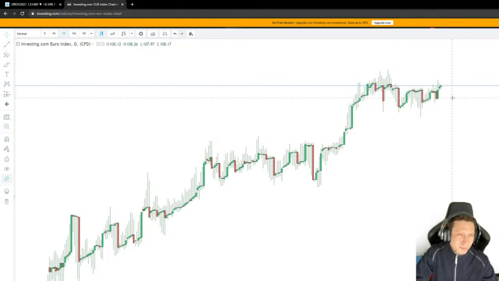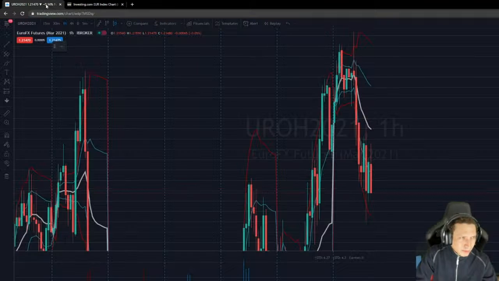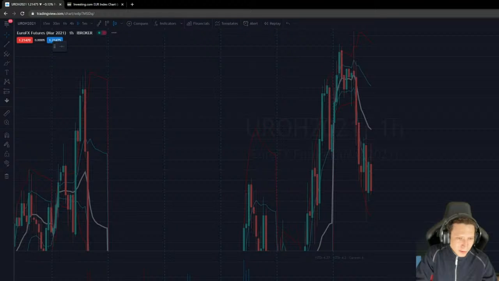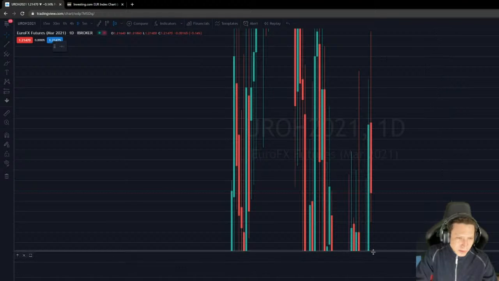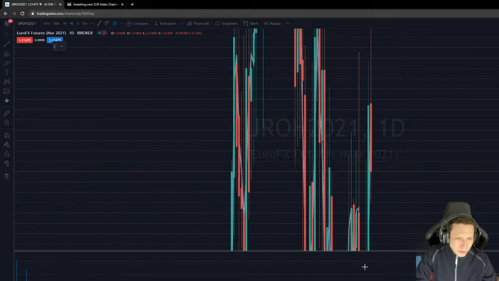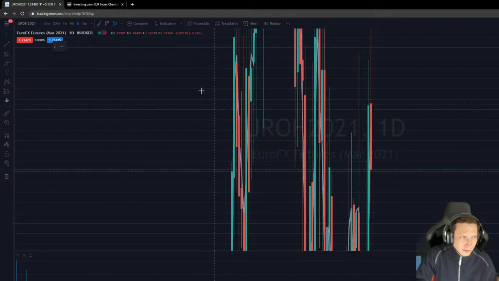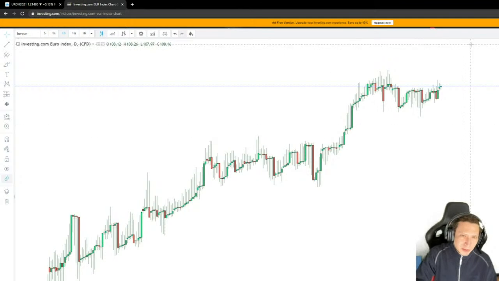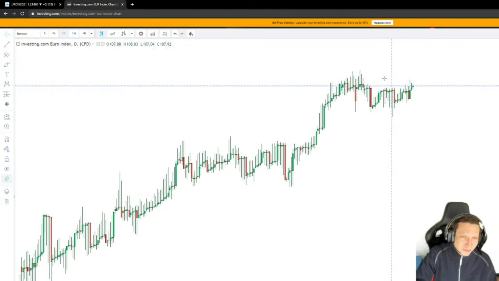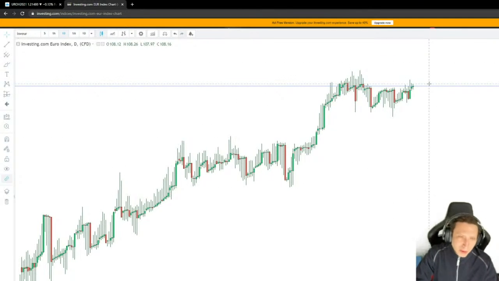Okay, that's why if we go back to the climate in the daily, let's wait for the chart to load, we can see that it was an uptrend the last 2 days. It's pretty much showing us the same thing we're looking at here. But that's one way to know if the strongest currency is the euro or the dollar or the pound: just put it in a basket and compare with all of them.